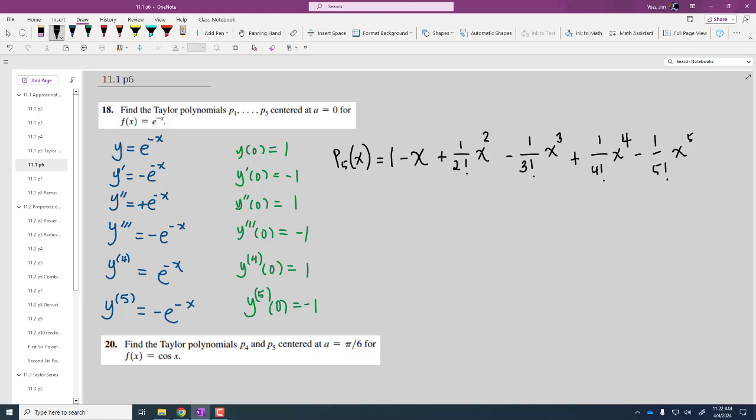And if they asked for all those other things, this right here is P sub 1. It's built right in, so doing it like this is totally sufficient. P sub 3 is going to be out to there. P sub 4 would be there.